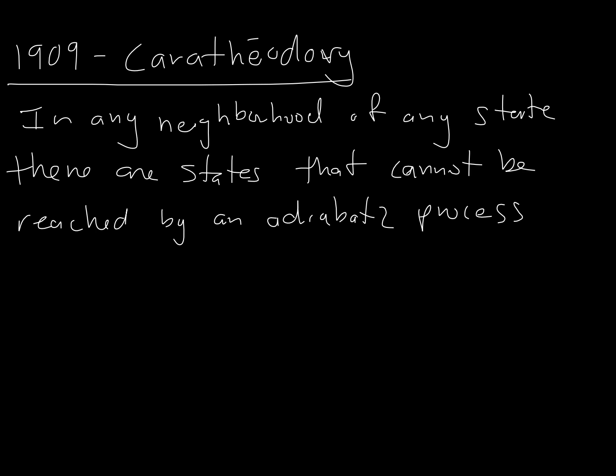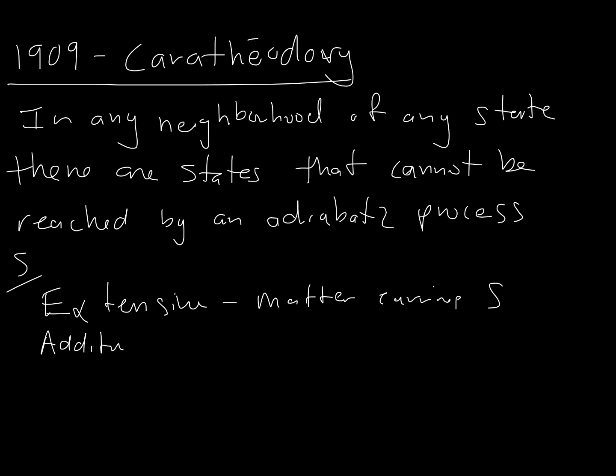But a lot of the properties that I've already stated for entropy, like entropy is extensive, meaning matter carries entropy, it is additive, it is concave, all of these properties of entropy come out of these really fundamental mathematical ways of writing the second law.